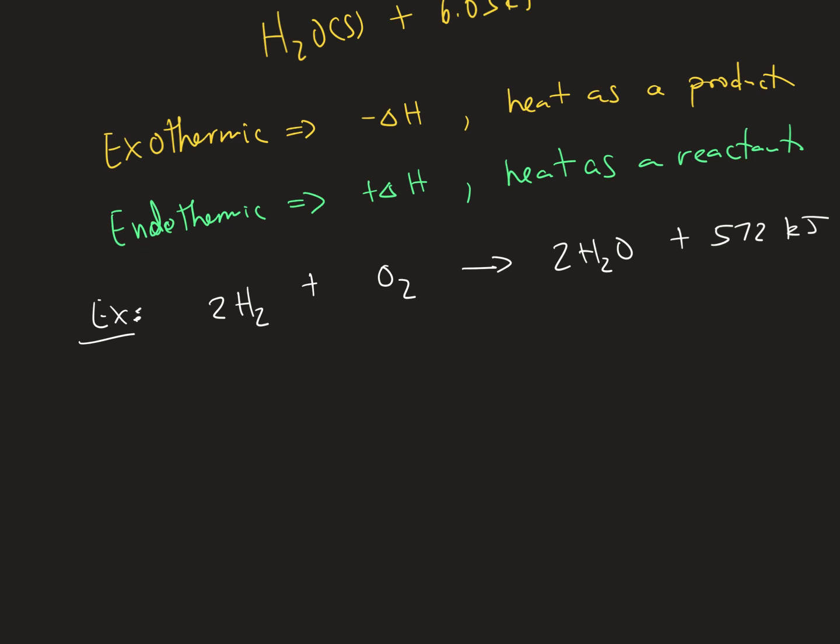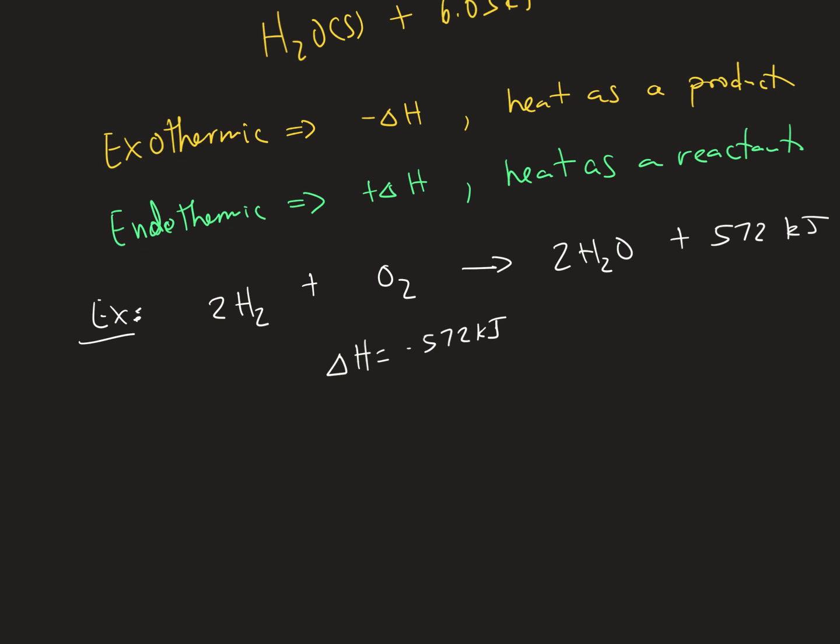How do we know it's exothermic? The heat is the product. We're getting heat out. You with me? And so that means delta H equals what? Negative 572 kilojoules. Good? We don't have to have both of those, one or the other.